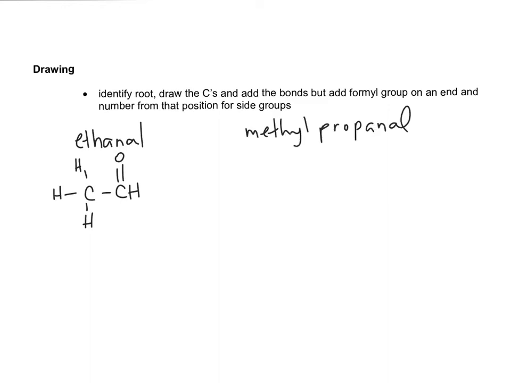Methylpropanal. The root here is propan. So 3 carbons contain our C double bond OH group, our formyl group. Then we've got a methyl. The only place a methyl group can go is on this middle carbon. So this is methylpropanal. Now, why can it only go on the middle carbon?